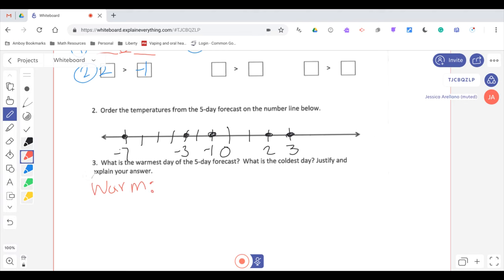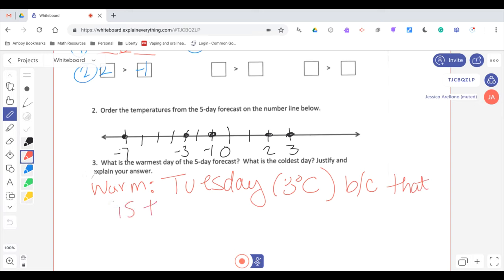So my warmest day was Tuesday, which was 3 degrees Celsius. Because that is the highest number listed.